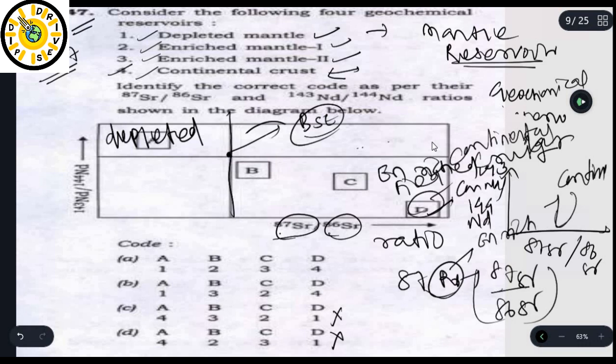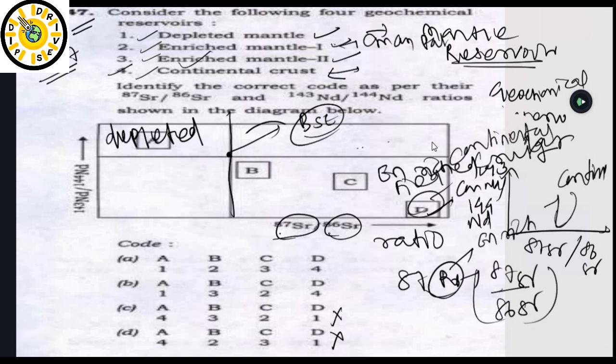So see, enriched mantle 1 will be higher in the incompatible element than enriched mantle 2. It depends upon the ratio, how much 87Sr and how much 86Sr will be there in the system, and how much 143Nd and 144Nd respectively. The ratio depends upon the experiment.